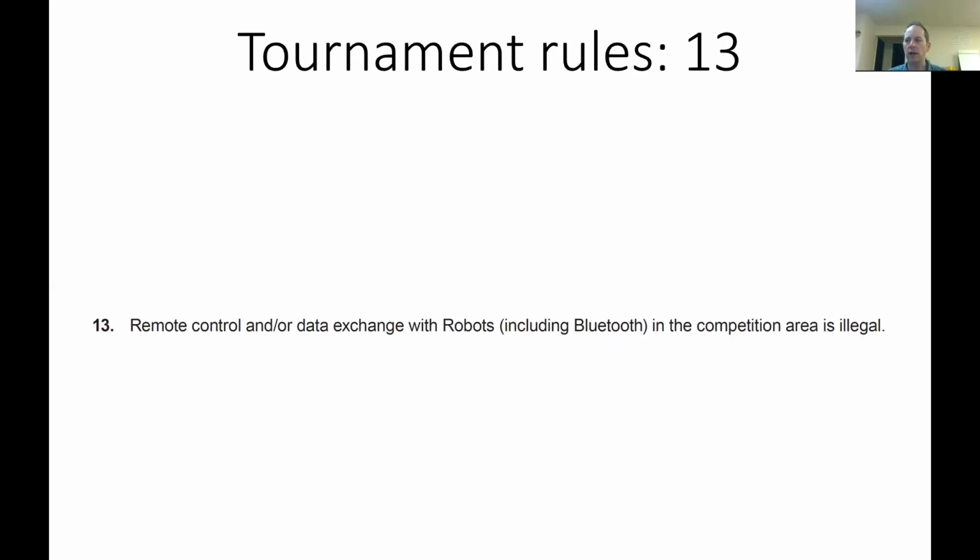Remote control and/or data exchange with robots in the competition area is illegal. So my recommendation is first that you turn Bluetooth off when you're back on your practice table and do some test runs with Bluetooth off, just to make sure your robot behaves the same as it does with it on, because there are slight performance improvements when you turn Bluetooth off, since it's not having to communicate.